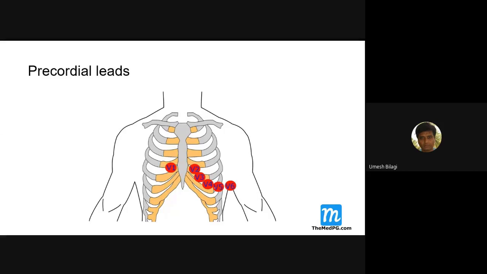And V5 is in the same horizontal line. When it comes to V5 and V6, it's not intercostal space. It is a horizontal line drawn from V4. In the anterior axillary line, we put V5, and in the mid axillary line, we put V6. This is how the precordial leads are placed. This can be asked in MCQs.